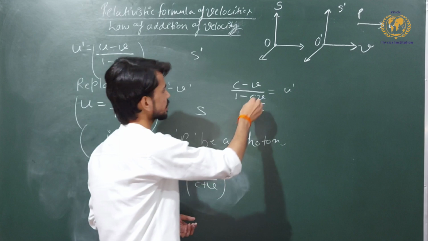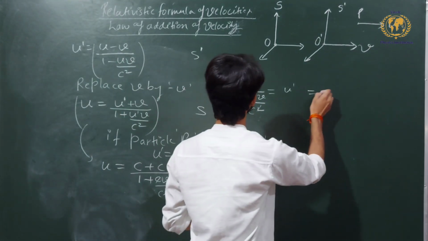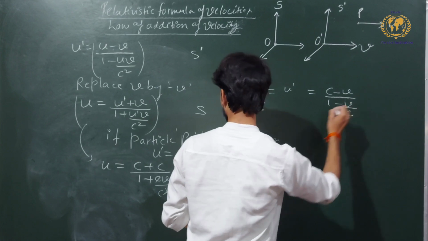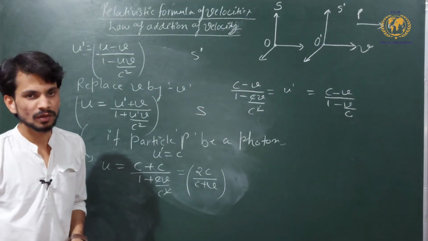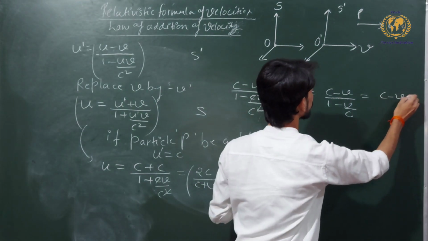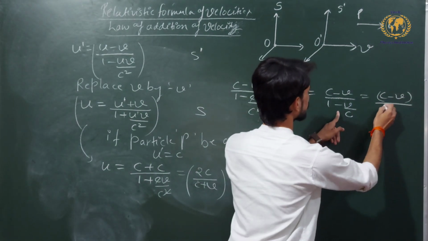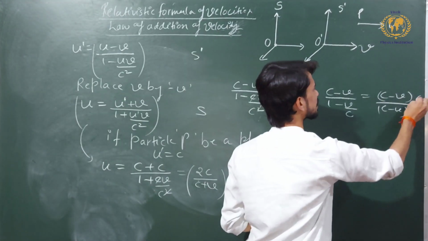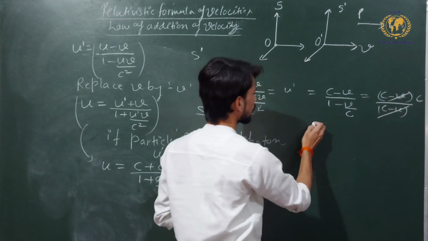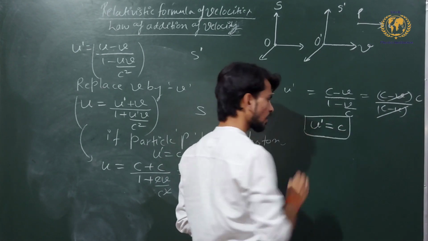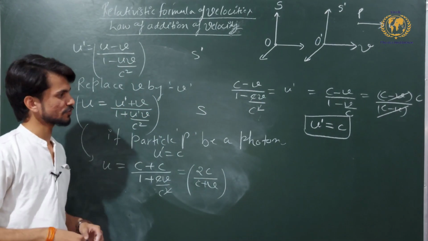So c is cancelled by c and this will become c minus v divided by 1 minus v upon c. Also you can see here, this will be c minus v divided by c minus v, and this c will multiply as c. This complete factor is cancelled out and this will be u dash equals c. This is the mathematical interpretation.